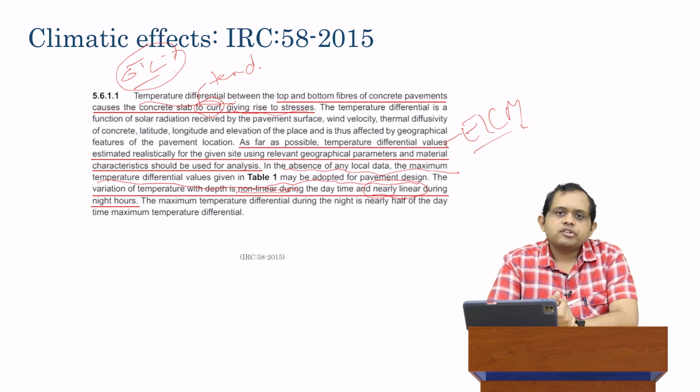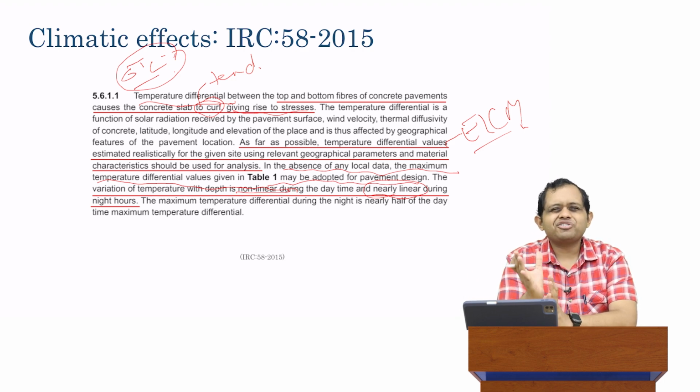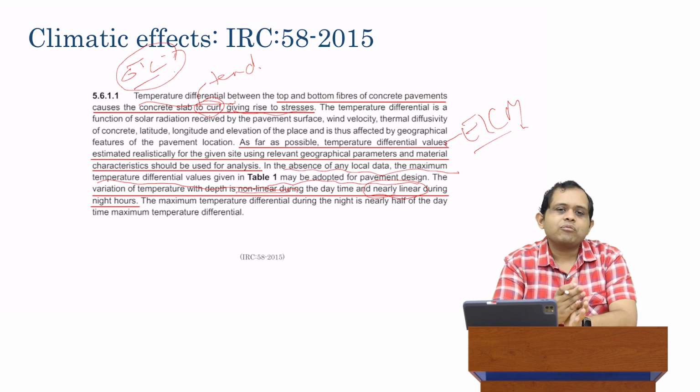Based on my experience with research as well, during the day when you have the sun, you have a fairly non-linear temperature distribution. Just the presence of the sun and sunlight can really drive a lot of temperature distributions. During the night, it is correct that because you don't have the sun, the entire pavement is more or less trying to reach equilibrium. So you tend to get a nearly linear temperature distribution.